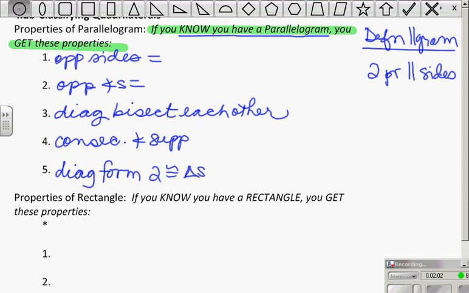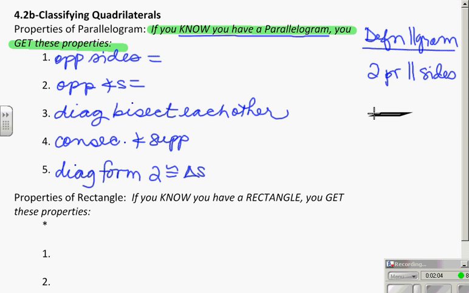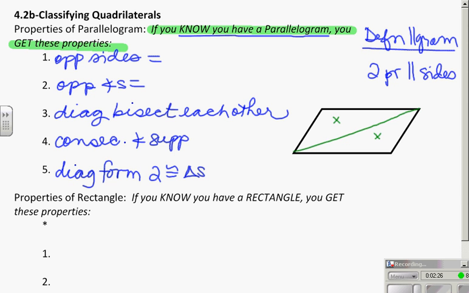Now, what does this mean when I look at a picture of a parallelogram? The only one that is kind of confusing is the fact that the diagonals form congruent triangles. So if I draw that diagonal, this triangle and that triangle are congruent. If I draw the other diagonal, this triangle and this triangle are congruent.